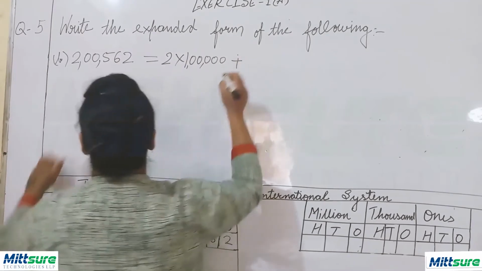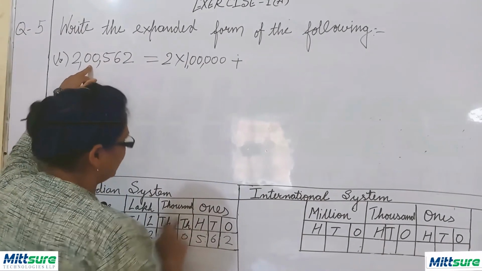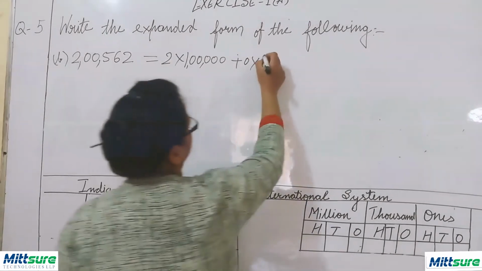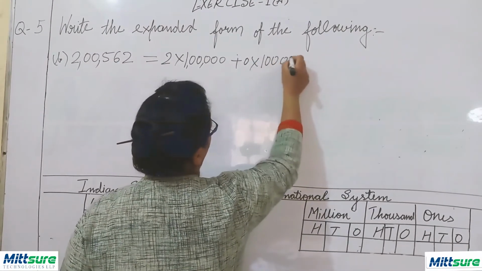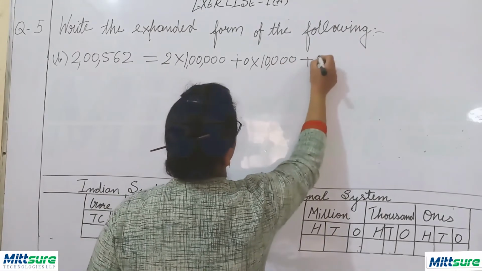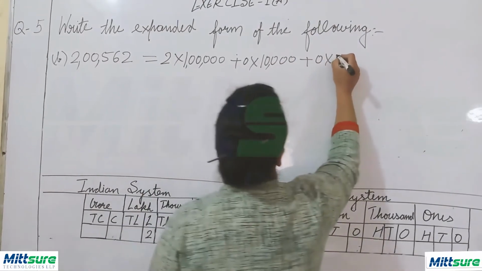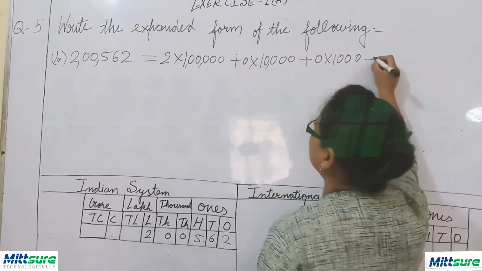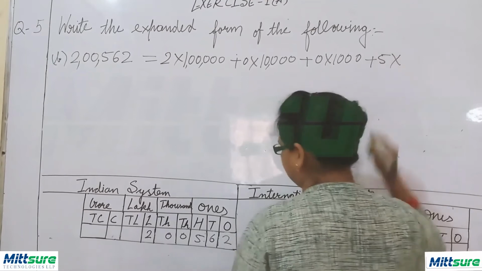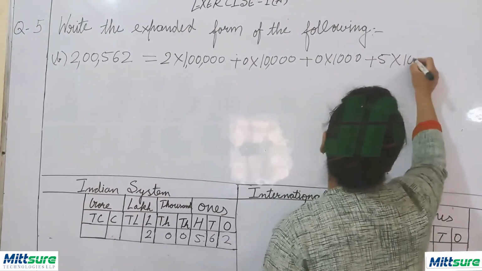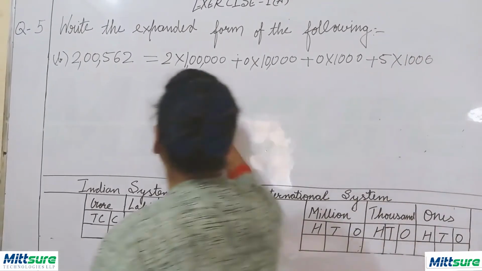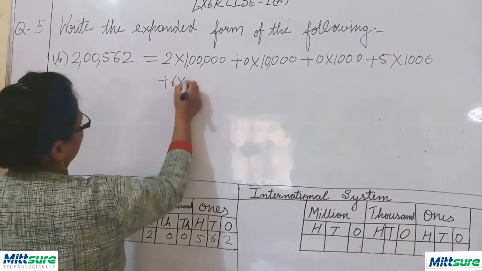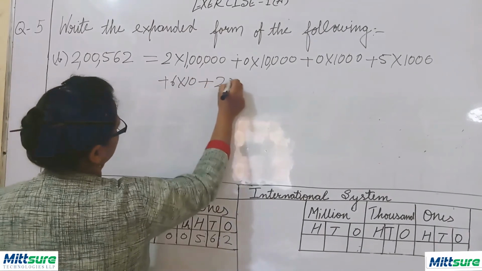Now the next number is 0. So 0 is multiplied by 10,000. The next number is also 0, that is multiplied by 1000. The next number is 5, its place is 100, so multiply by 100. Next, 6 is multiplied by 10 and 2 is multiplied by 1.